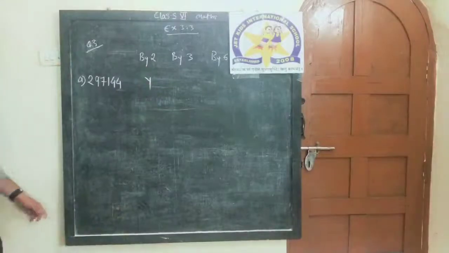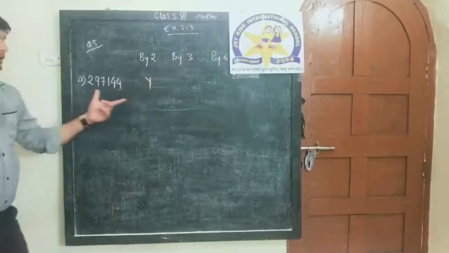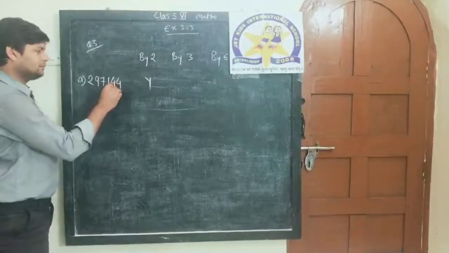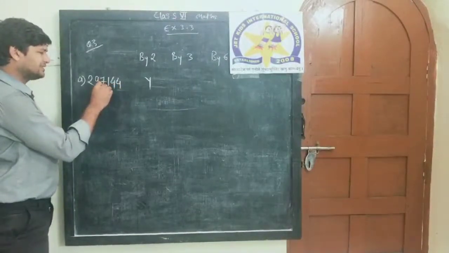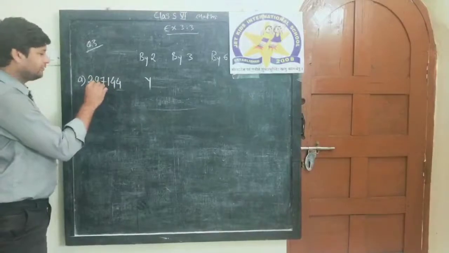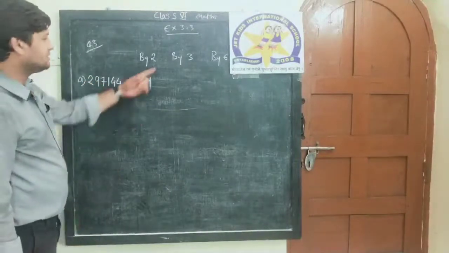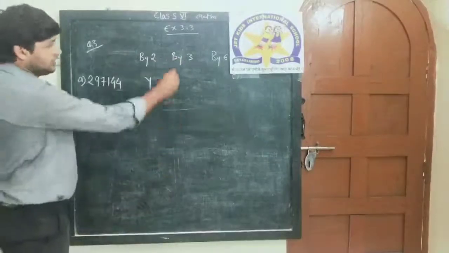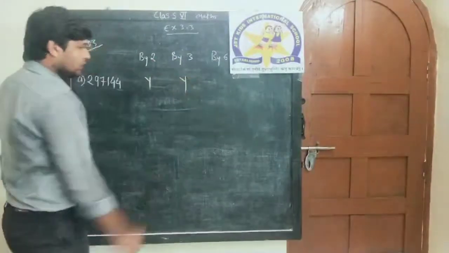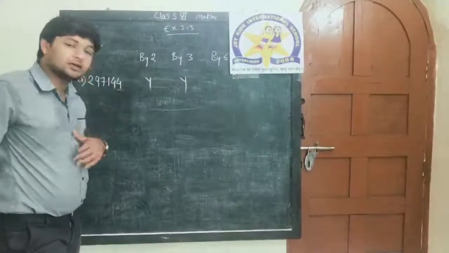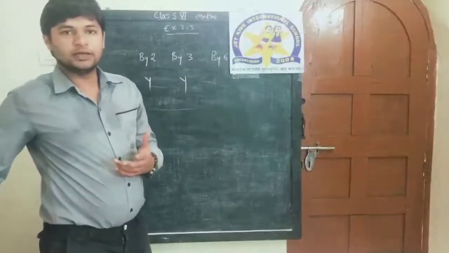Yes. Okay, now for 3, just take the sum. 4 plus 4, 8, 8 plus 1, 9, 9 plus 7, 16, 16 plus 9, 25, 25 plus 2, 27. Is 27 divisible by 3? Yes, 3 9s are 27. You also have to calculate this verbally, okay?